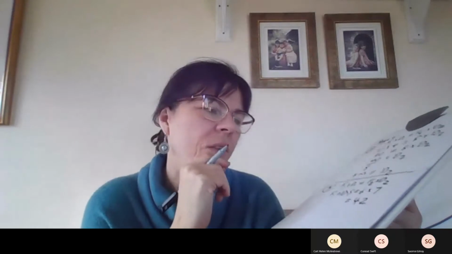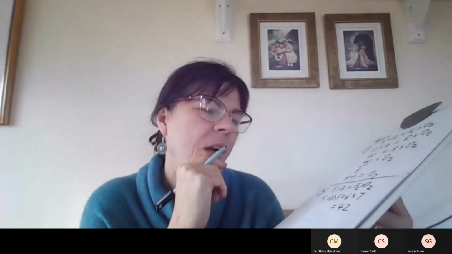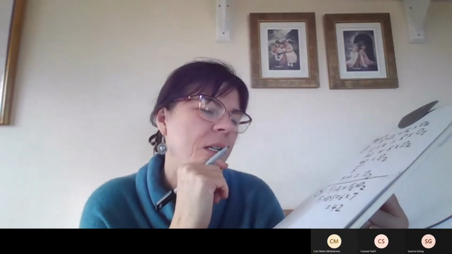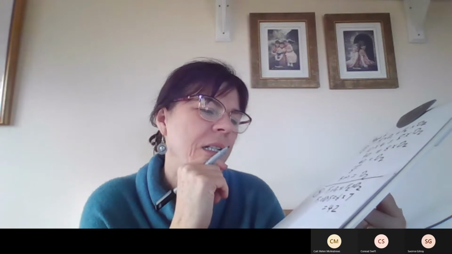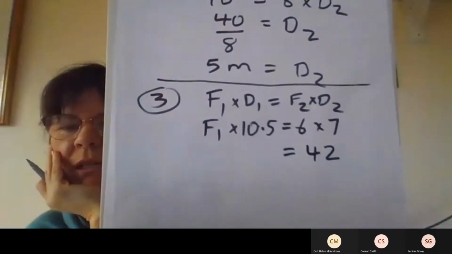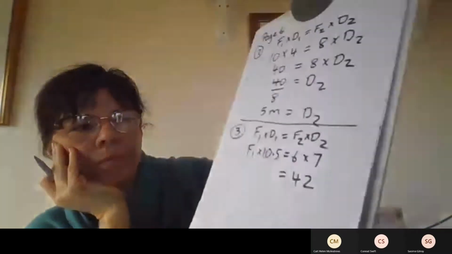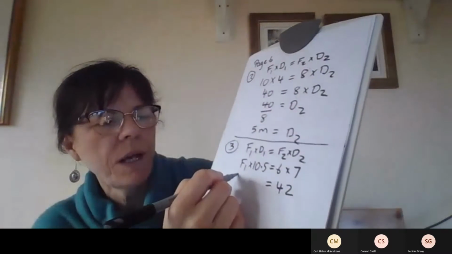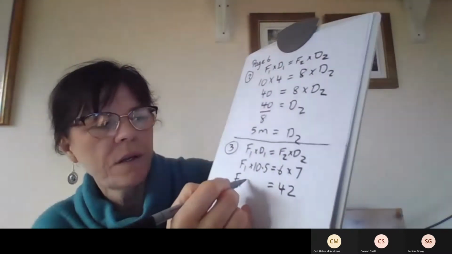What is 6 times 7? 42. It's half 21. Right, it's okay. I've done it right. I was doubting myself there. So we want to work out what F1 equals.